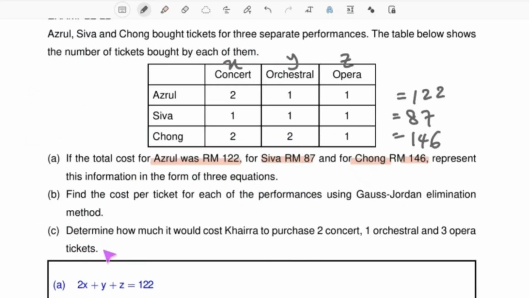Soalan C. Determine how much it would cost Khaira to purchase 2 concert, 1 orchestral and 3 opera tickets. Maksudnya soalan minta kita sum untuk 2X tambah 1Y tambah 3Z.